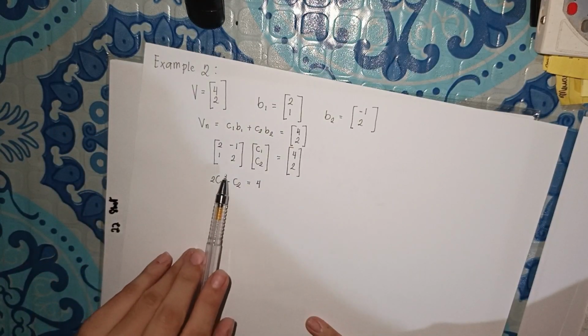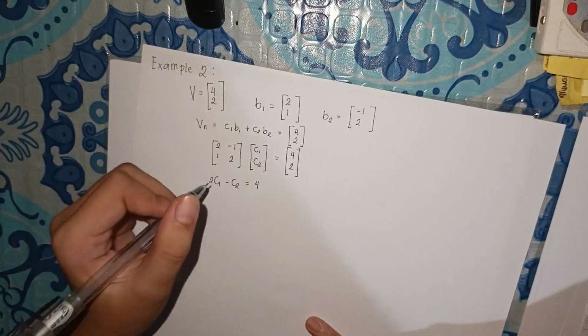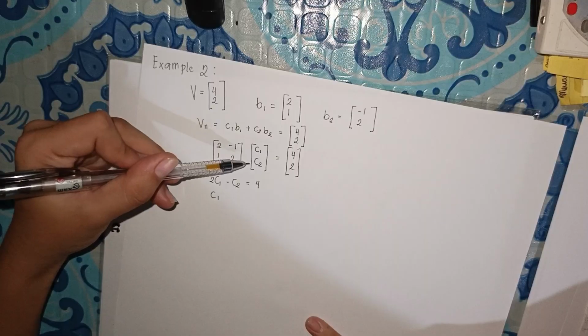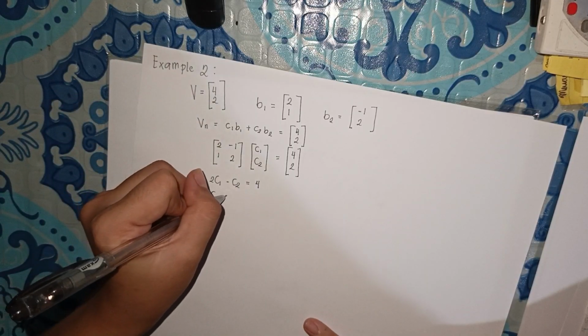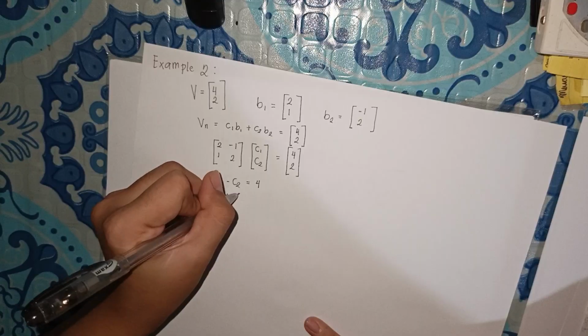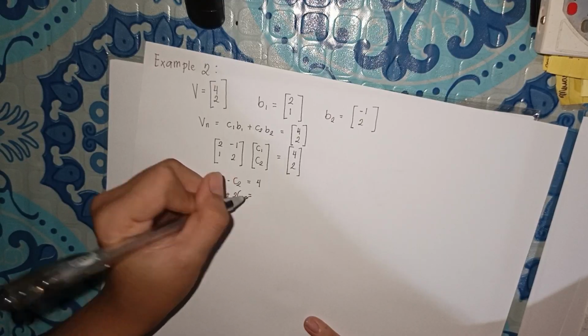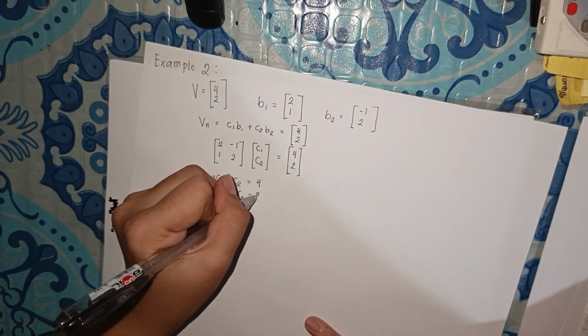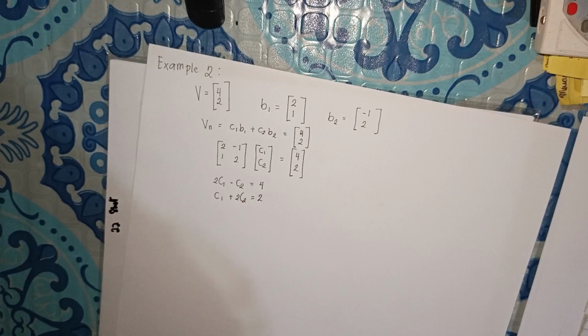The next is 1 times scalar 1, so scalar 1. Then 2 times scalar 2, so plus 2 scalar 2, is equal to the bottom element, which is 2.